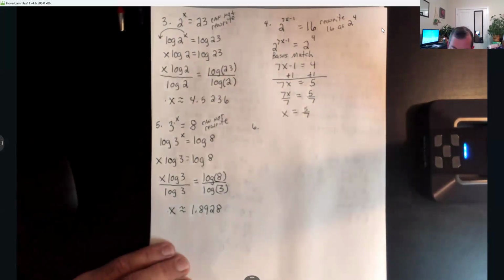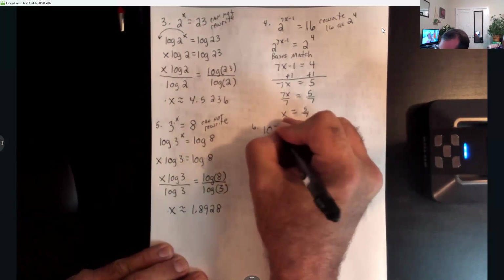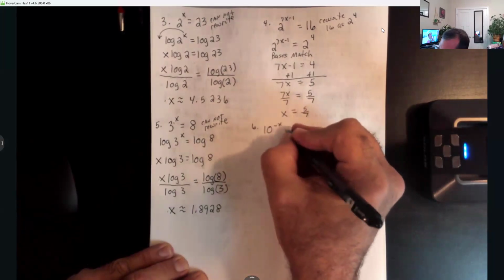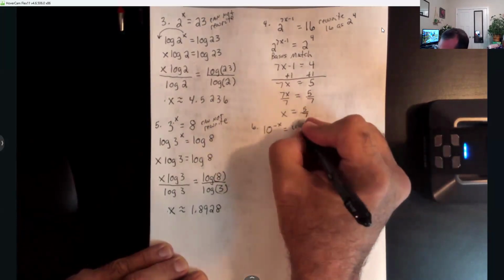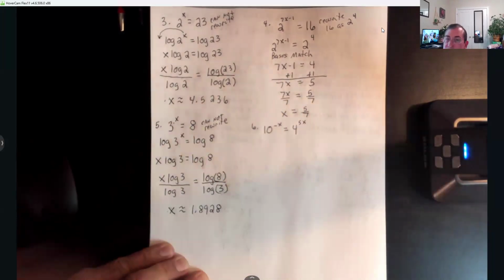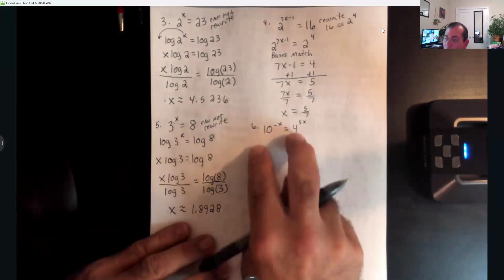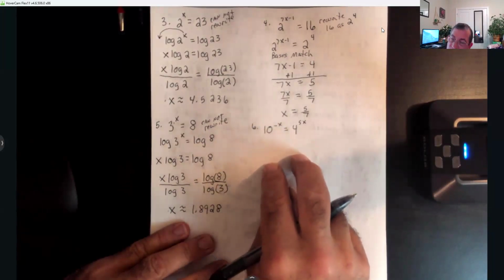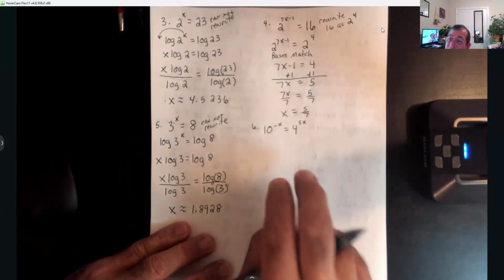All right, y'all, look at this. I got 10 to the negative x equals 4 to the 5x. Now, y'all, we will go through this and I'll show you the long way to do this.